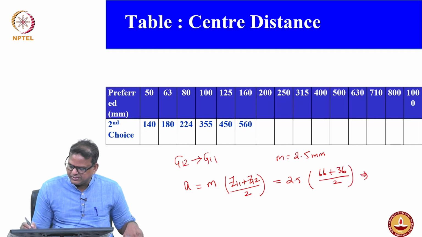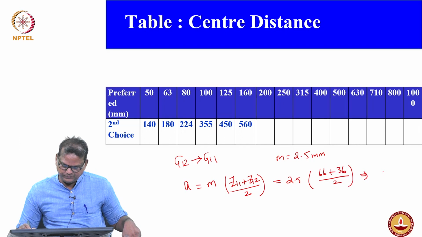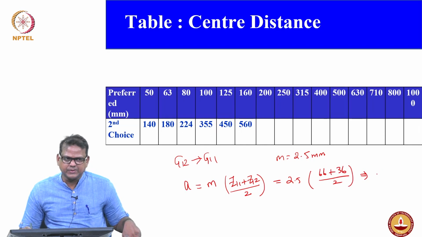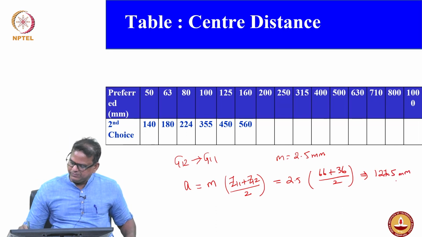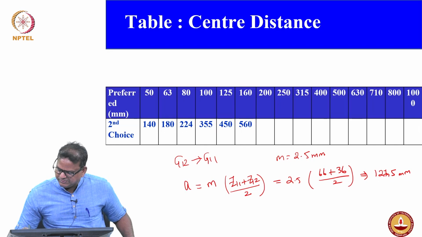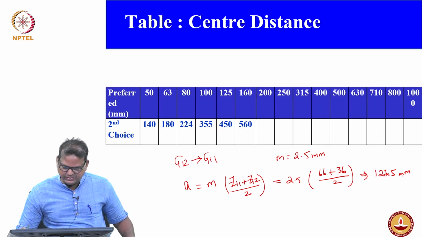So, what is the answer you are getting? 127.5 mm. Okay, now we know we got the center distance as 127.5 mm.